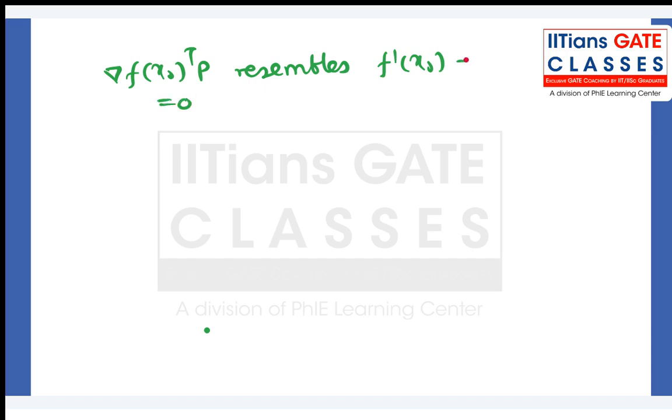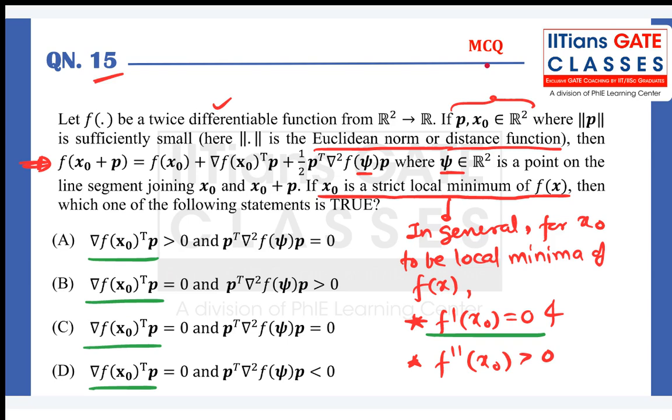You should improvise like that if you come across such statements, because it's the same thing, just expressed in different notations. So you can clearly eliminate this option, because all three are saying it should be equal to 0, and this one option says greater than 0.